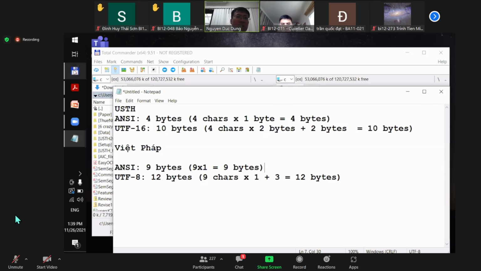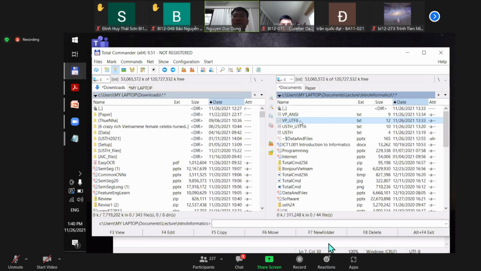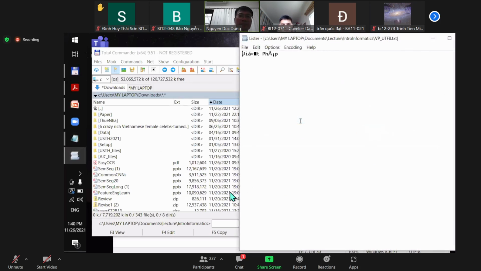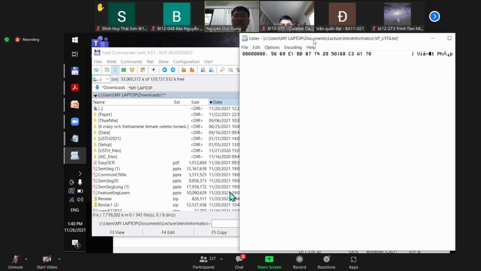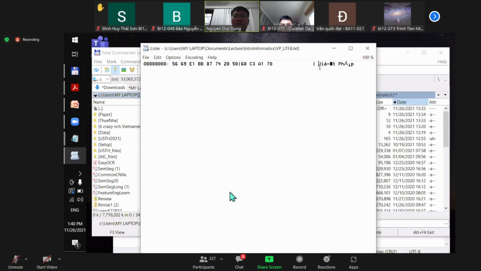Yes, now we inspect the files again. We write the whole content in hexadecimal. Now the first character V is 56. It means that the first byte in my document.